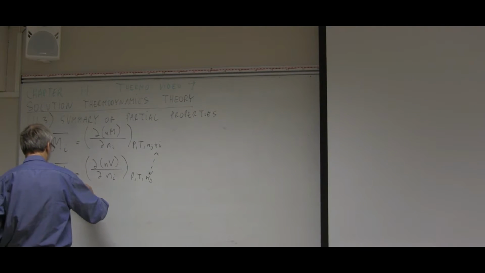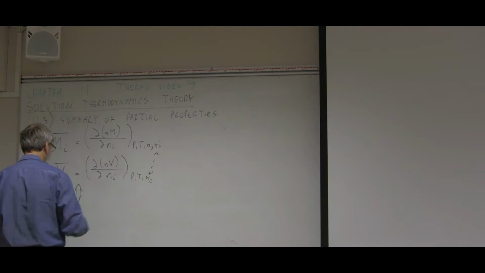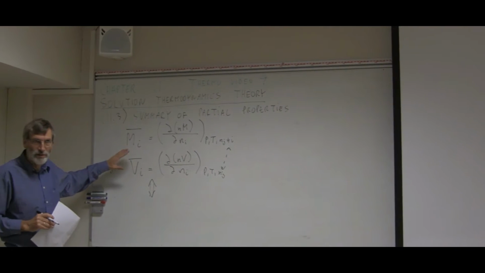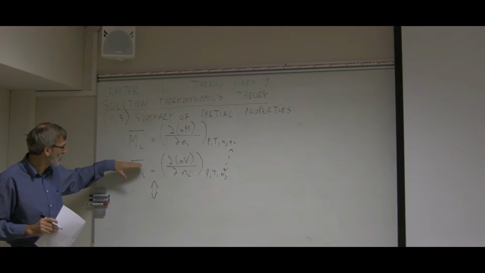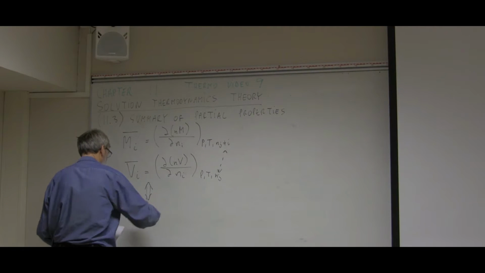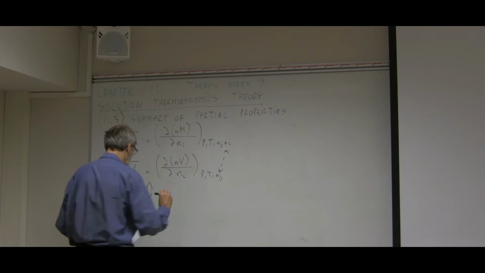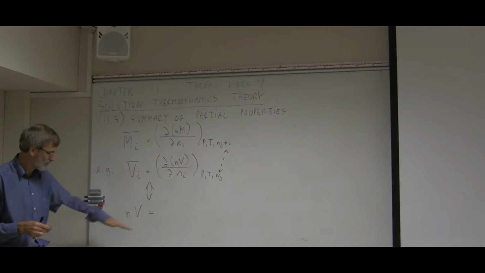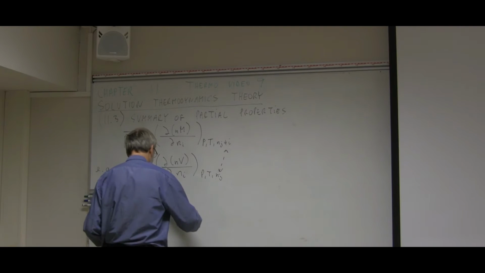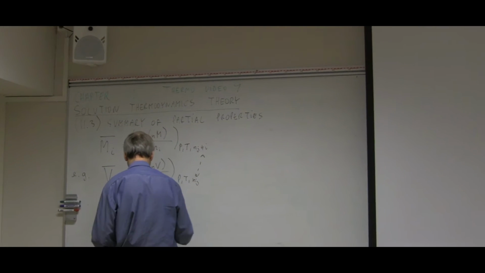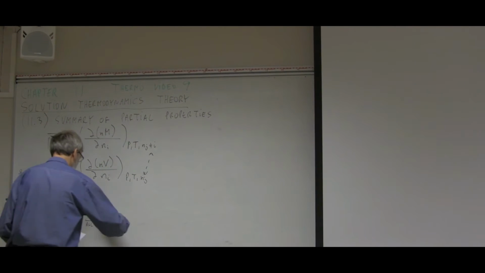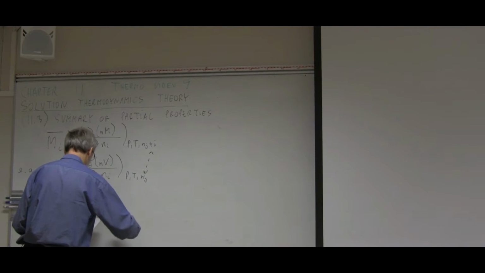And then we have this equivalence that when we define the partial molar property this way, this is equivalent to stating that the total volume, N times the molar volume, is the sum of all components Ni times the partial molar volume.